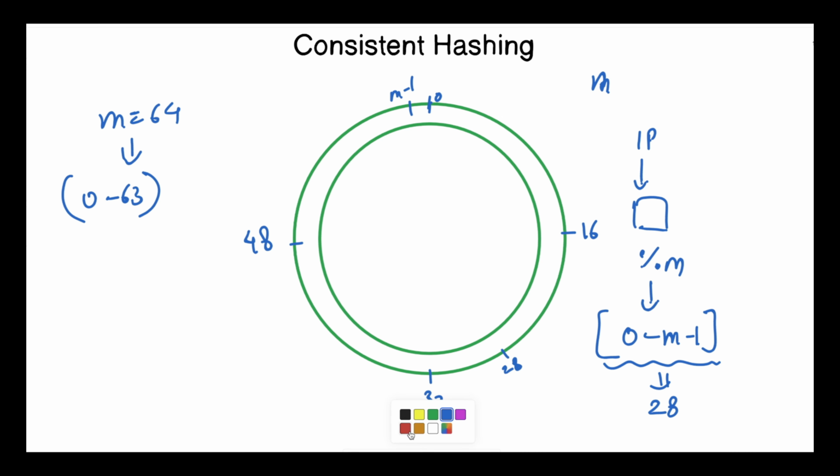So our cache server would be at this position. Similarly, we put our other 2 cache servers also. So let's say one of the cache servers lies here and one lies here. In the same fashion, we put our data points also.